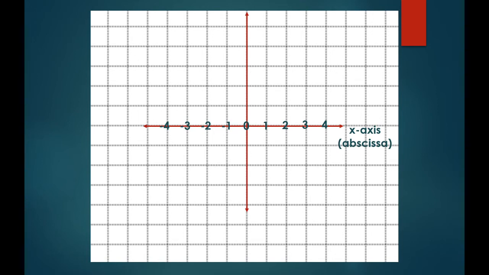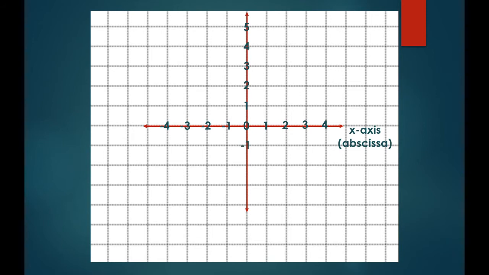Now, we also have a vertical line. Dito naman, kapag upward yung direction mo ng counting, that's positive. Pag downward, that's negative naman. So here, let's count. 1 step upward, that's positive 1. Then 2 steps upward, positive 2, and so on.